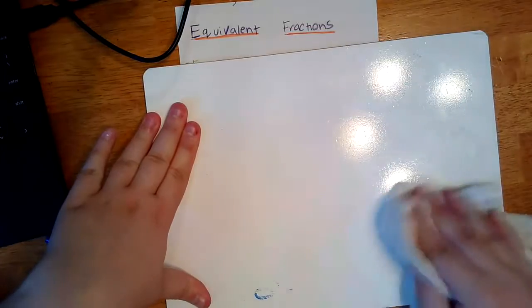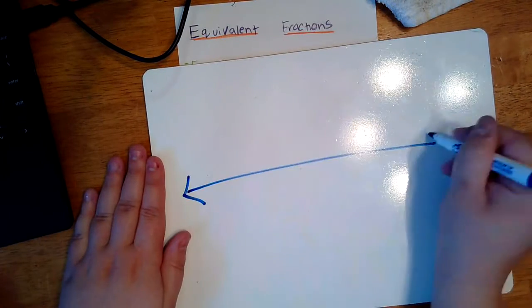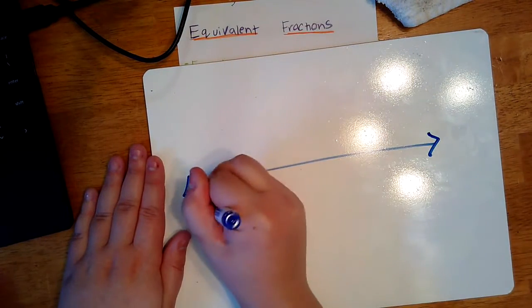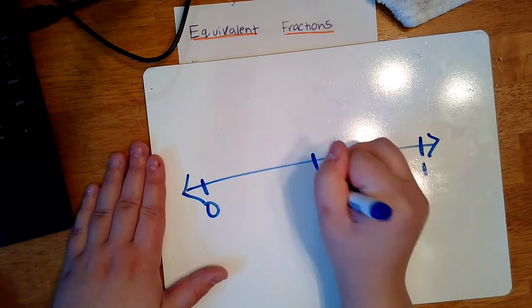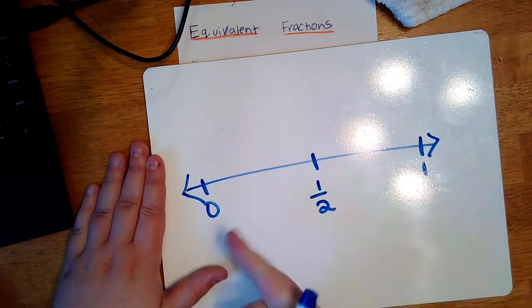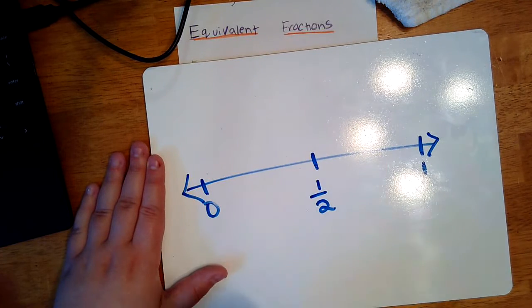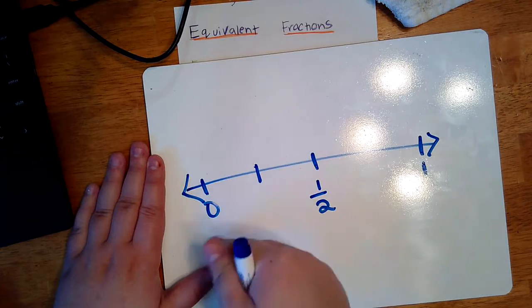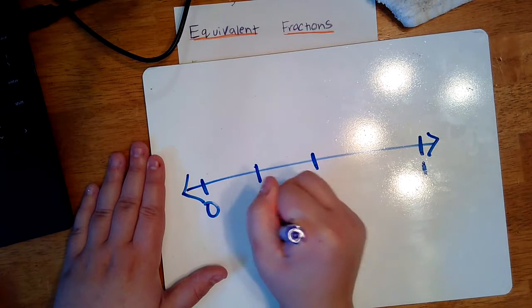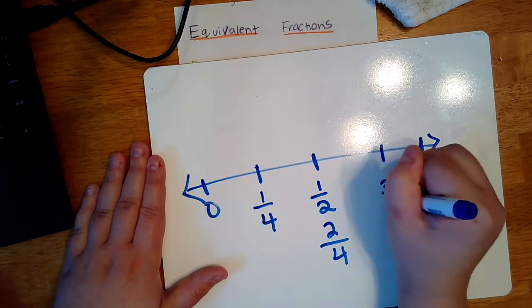Okay. So if we have our number line, here it is. Start here is 0, here is 1, here is 1/2, right? Because it's halfway in between. Here's 2 parts, 1, 2. They're the same size. Now, if we were to divide this into fourths, it would be 0, 1/4, 2/4, 3/4, right?